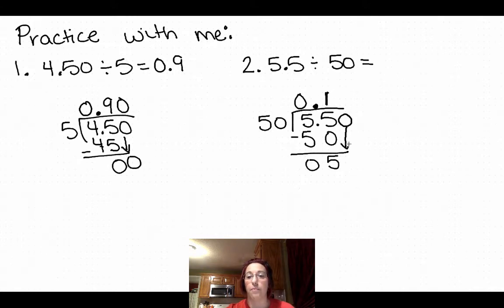That 0 will let me bring down and I get the number 50. 50 will go into 50 one time. 1 times 50 is 50. Subtract and we get 0. So by annexing that 0, we came out with the decimal number 11 hundredths rather than a remainder.